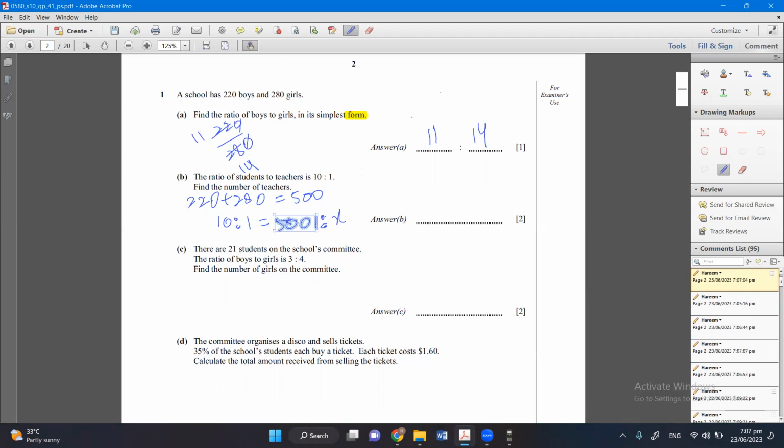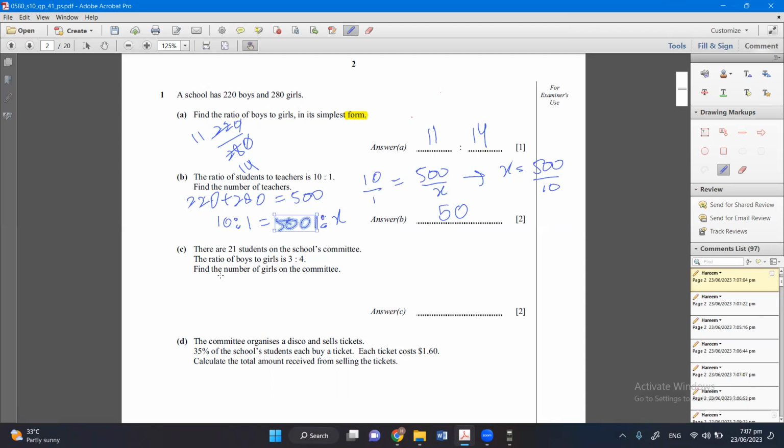So 10 over 1 equals 500 over x, that would be x equals 500 over 10, and the answer is 50. So the number of teachers in the school is 50.